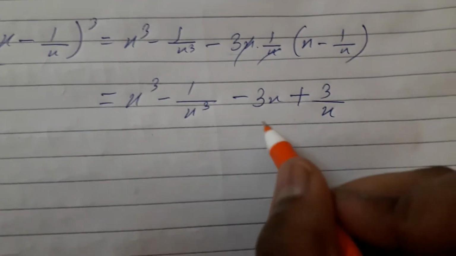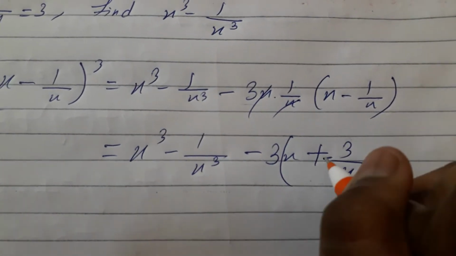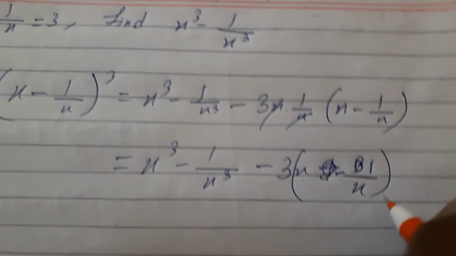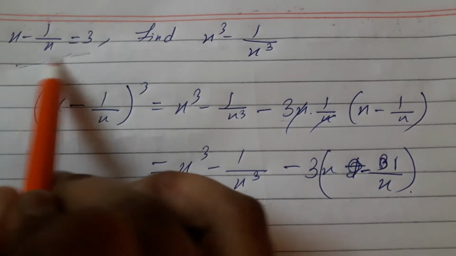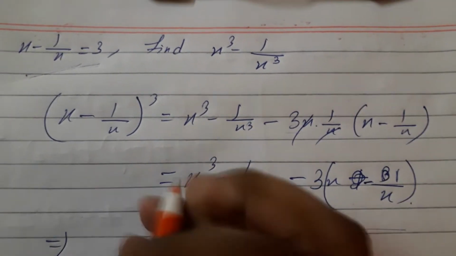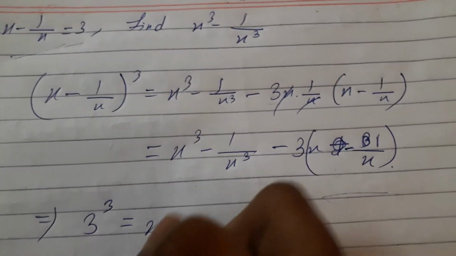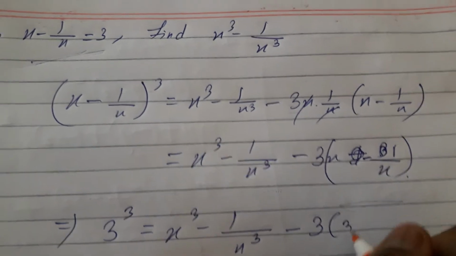Now see, here no need to multiply, you just take 3 as common. This will be better, because here already x minus 1 by x, the value is given to you. So now putting the values, you will get 3 cube, which is equals to a cube minus b cube minus 3 into 3.